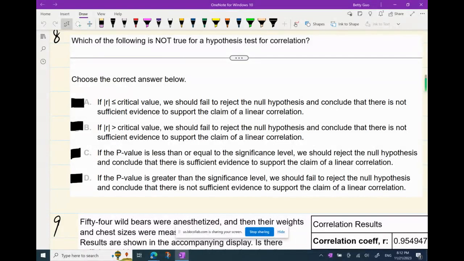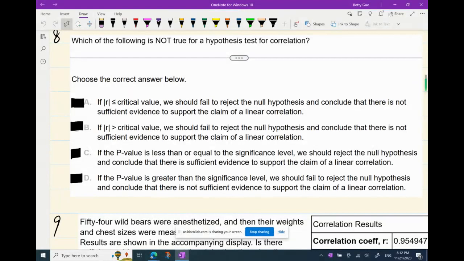When we fail to reject null, we fail to support the, there's not sufficient evidence to, okay, that's correct, my bad. A is correct.